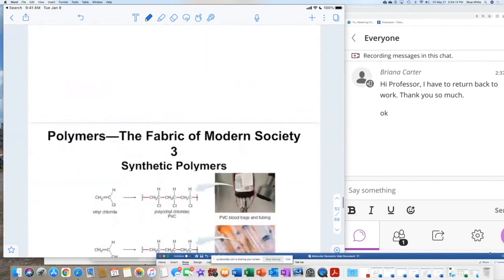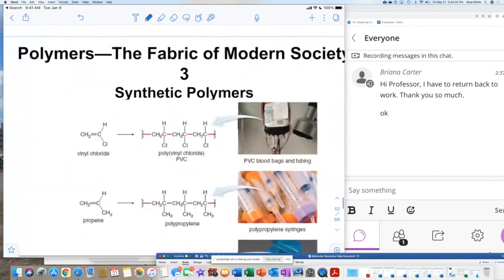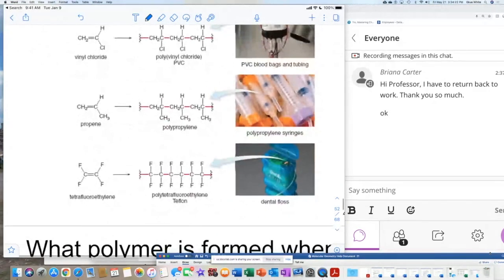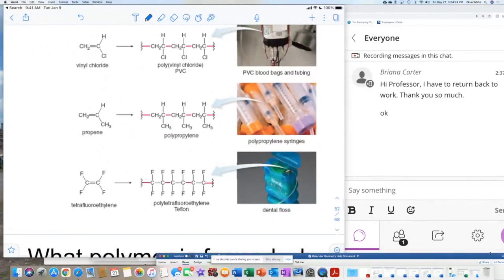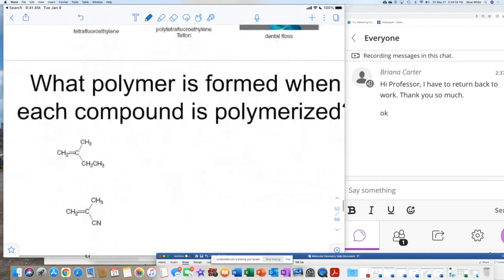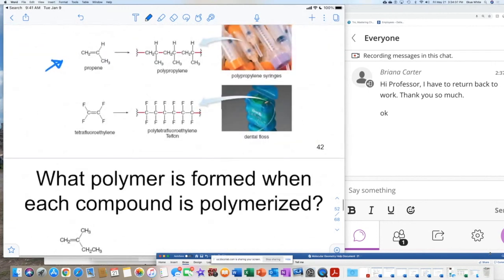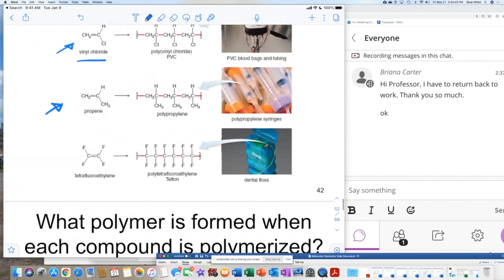They're showing you examples, right? Let me show you PVC and propane, polypropylene. I'm sorry, I won't show you any of these because I have some down here. They're showing you here.